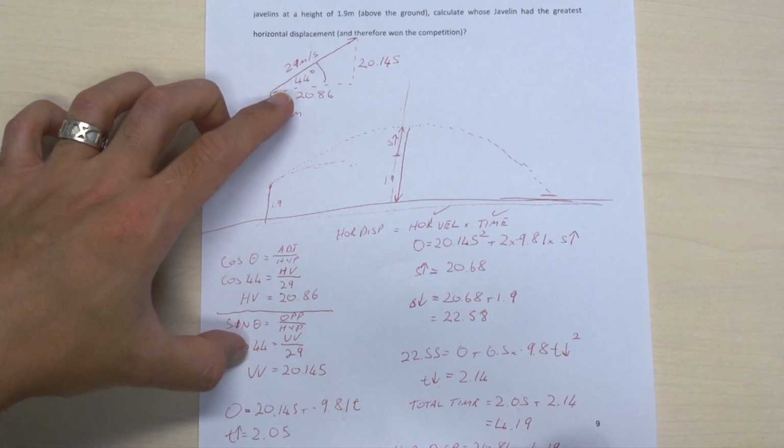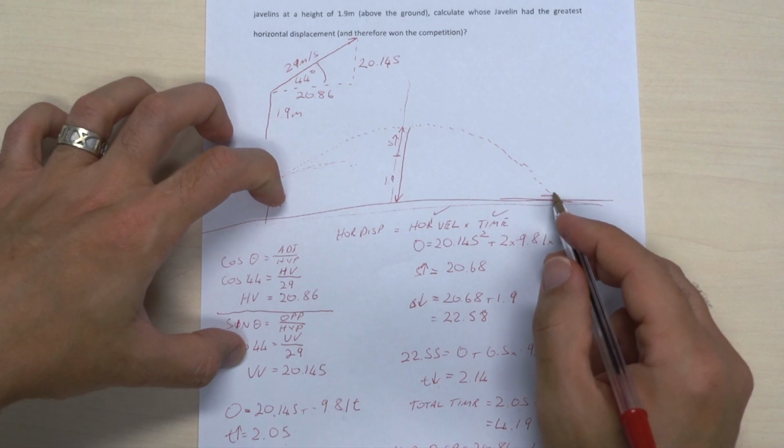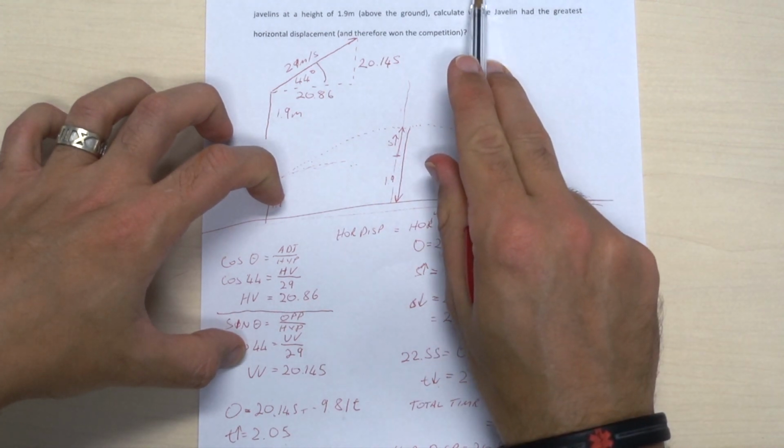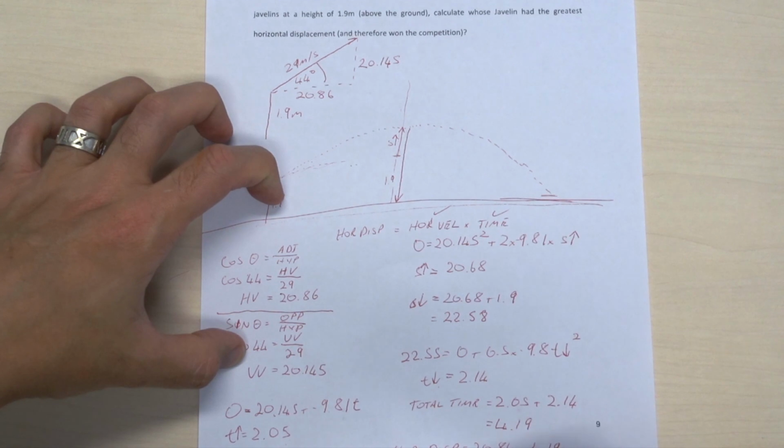So if Gary ended up throwing the javelin 87.4 meters and Klaus ended up throwing it 83.83, then Gary is our winner.